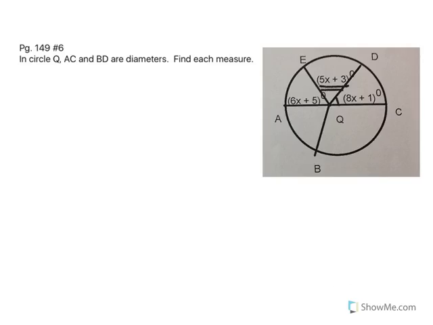Next, we have in circle Q, AC and BD are diameters. Find each measure. There's a reason why the problem tells you certain information, right? This problem is telling us that AC and BD are diameters.